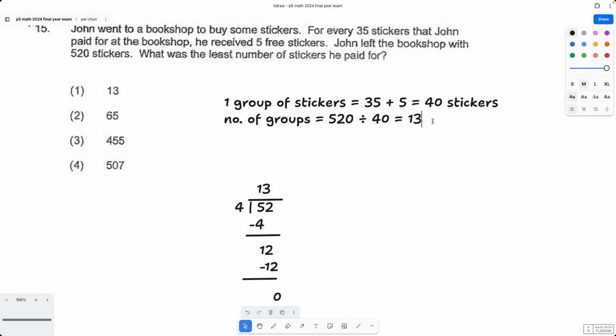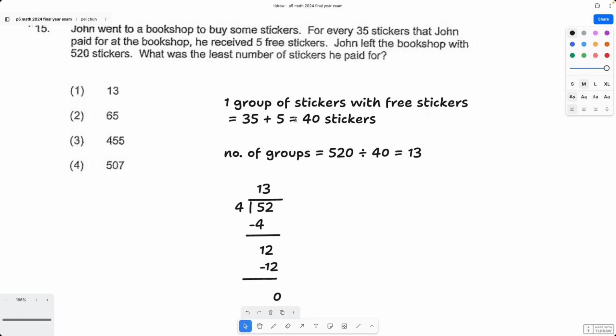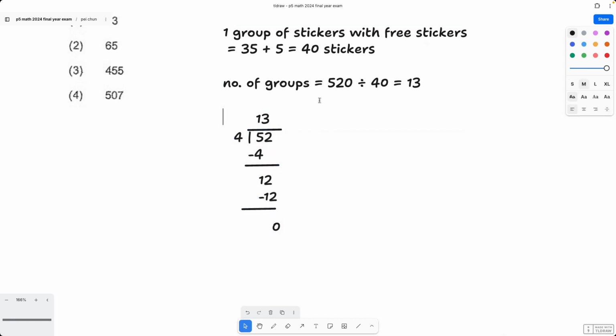So this is the number of groups of stickers with free stickers. So what's the least number? I'm going to put my workings way below, like this.